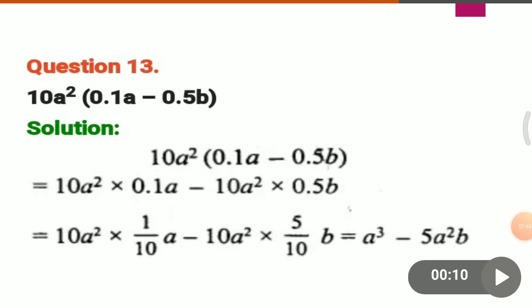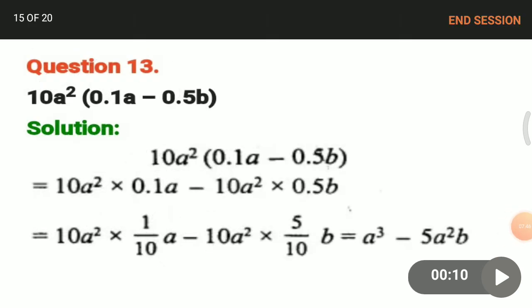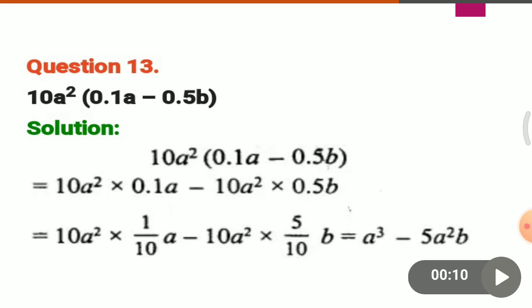Now next question is 10a² multiply (0.1a − 0.5b). You write in expanded form, 10a² multiply 0.1a minus 10a² multiply 0.5b. So 10a² and 0.1a, you write as 1/10 a.